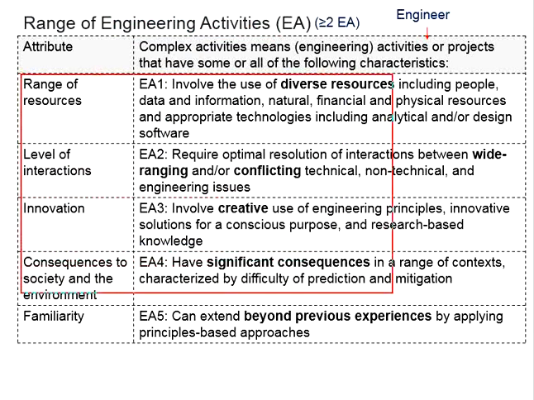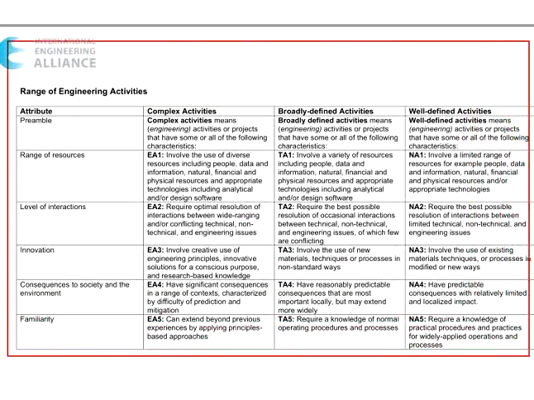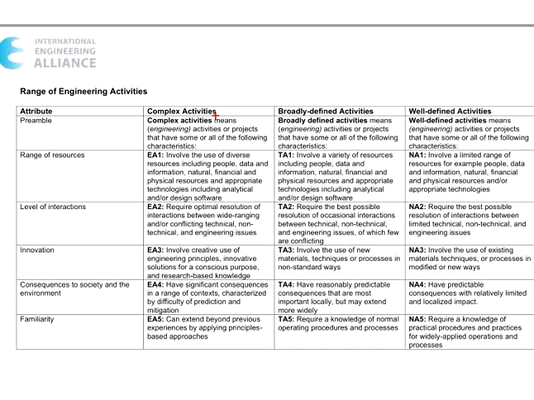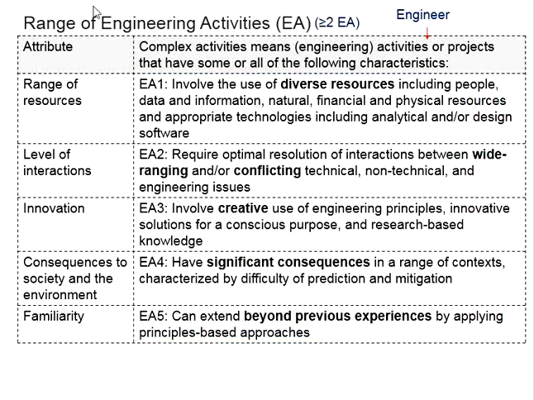For the relevant attributes, you can refer to the IEA document as outlined here. The complex engineering activities will be the unique characteristics for the engineering program, which is producing engineer graduates. The relevant statements are given here.